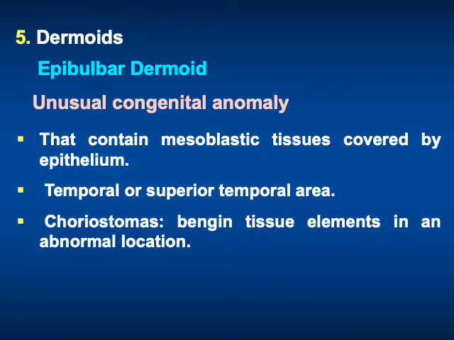Epibulbar dermoid is an unusual congenital anomaly that contains mesoblastic tissues covered by epithelium, in the temporal or superotemporal area. Choristoma is a benign tissue element in an abnormal location. This is the dermoid.